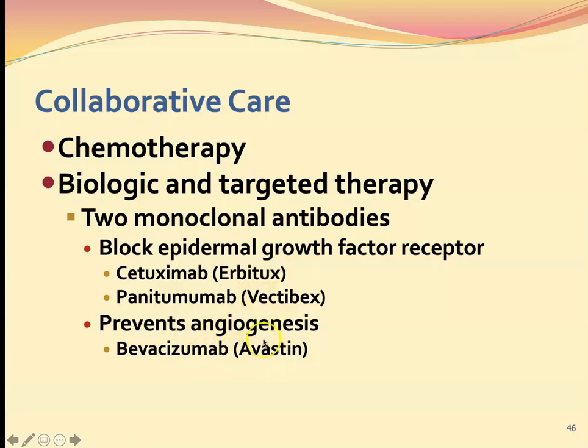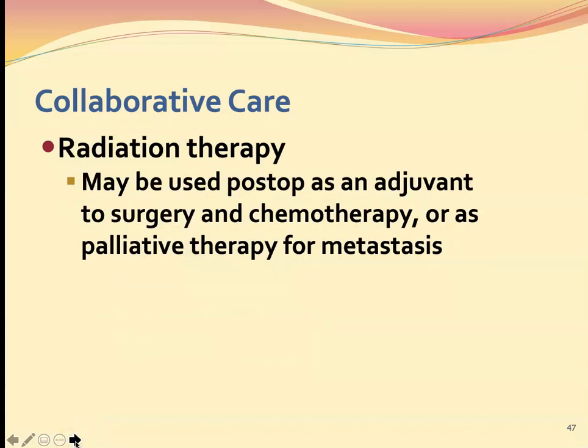So those two different chemotherapies. Radiation therapy is used post-op as an adjuvant to surgery and chemotherapy, or as palliative therapy for metastasis. So if it's untreatable, then they're using radiation therapy to basically alleviate symptoms for the patient.